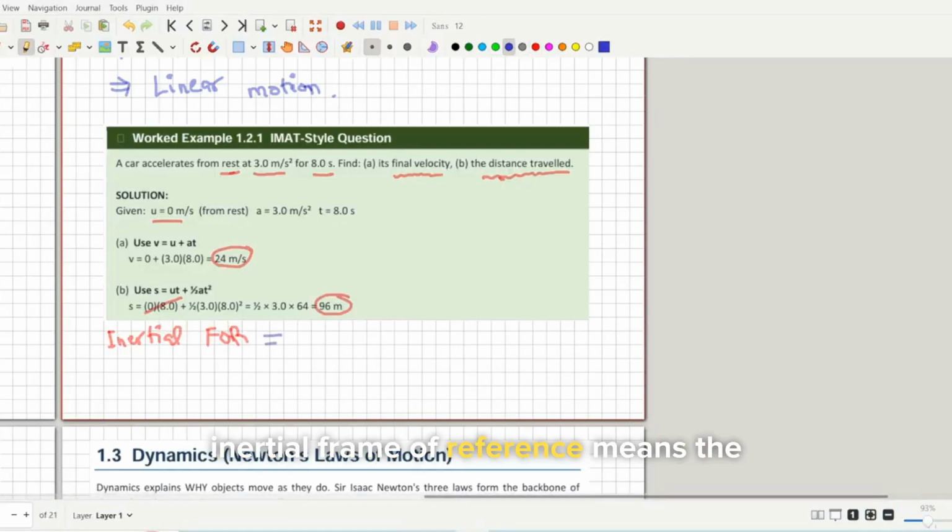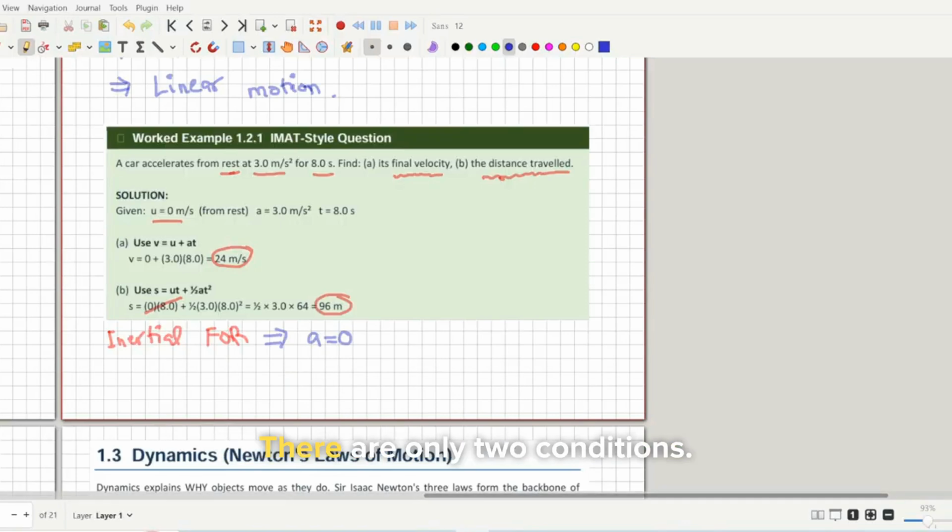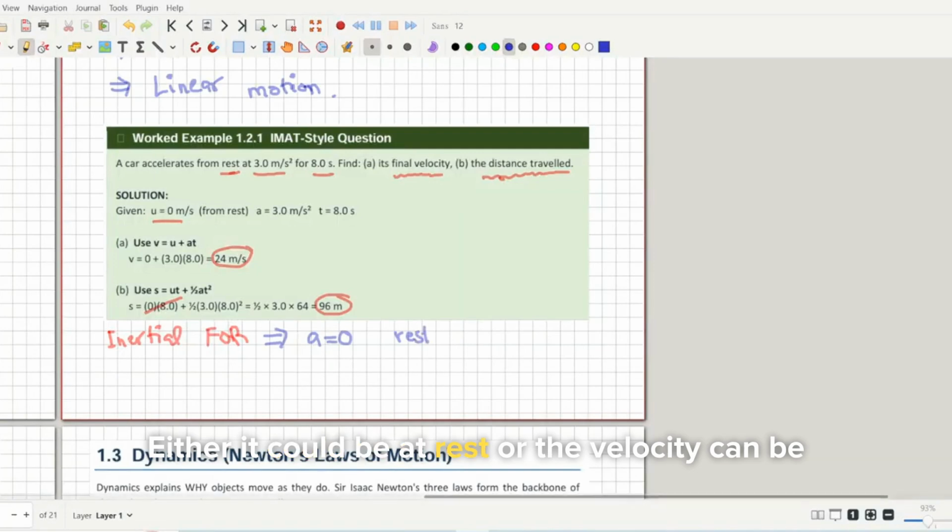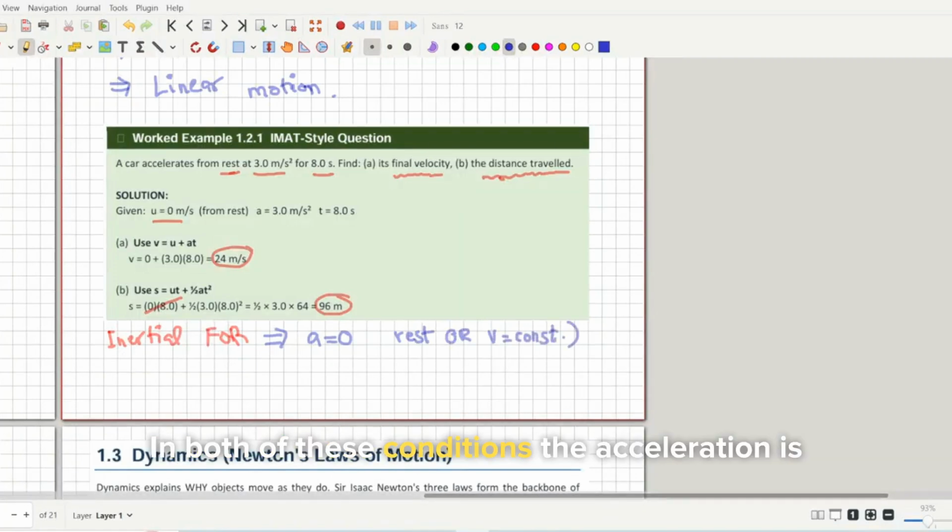The acceleration is 0. When is the acceleration 0? There are only two conditions: either the body is at rest or the velocity is constant. In both of these conditions, the acceleration is 0.